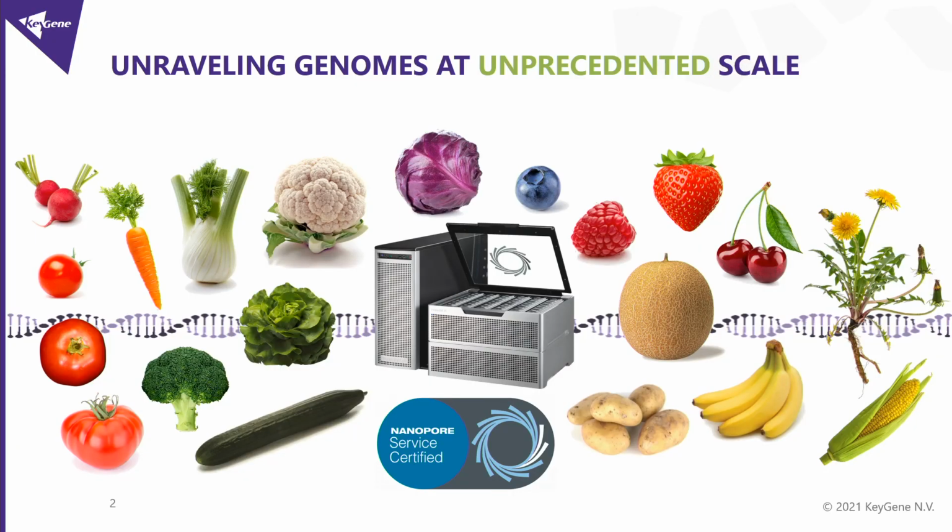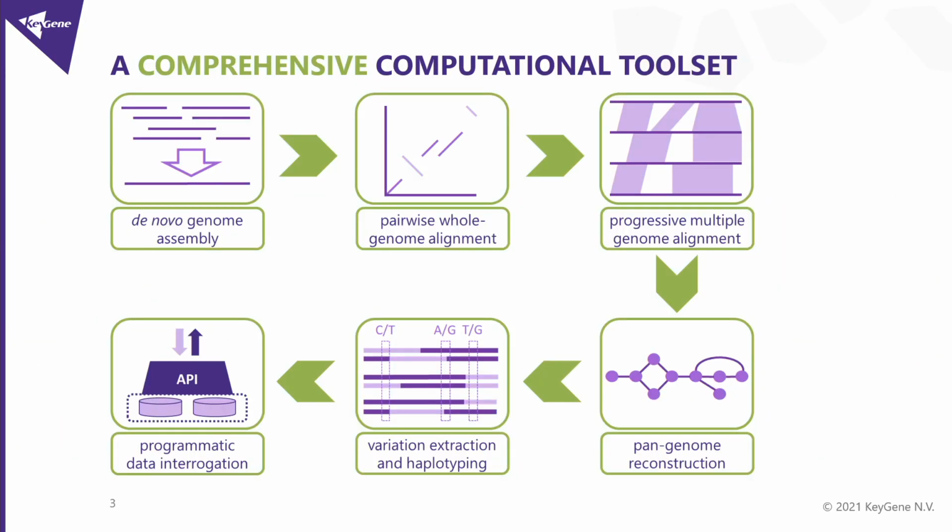And in order to deal with these very large data sets, we have also developed a comprehensive computational toolset to manage those data, starting all the way from de novo genome assembly to pairwise and multiple genome comparison to constructing a pangenome graph, and finally storing these data and making them accessible through a programmatic data interface and API.